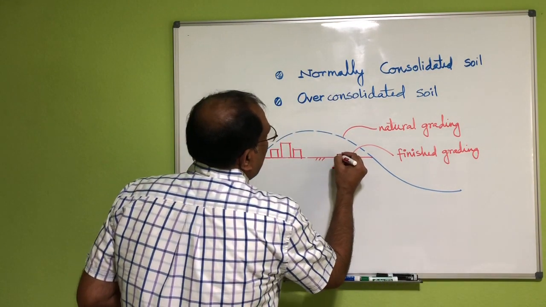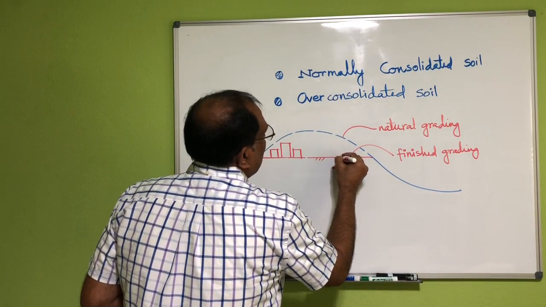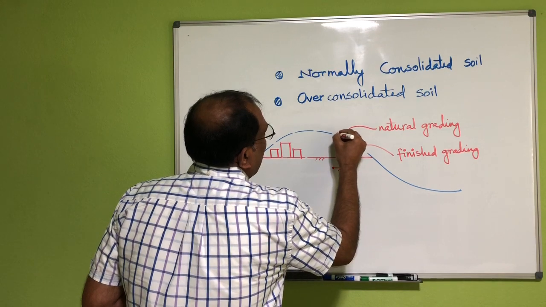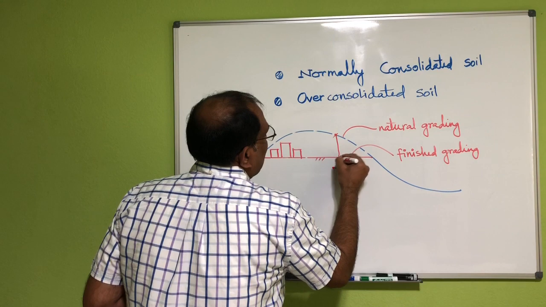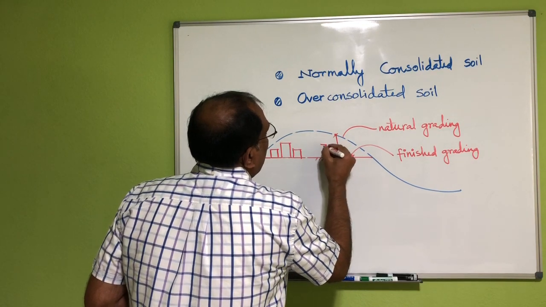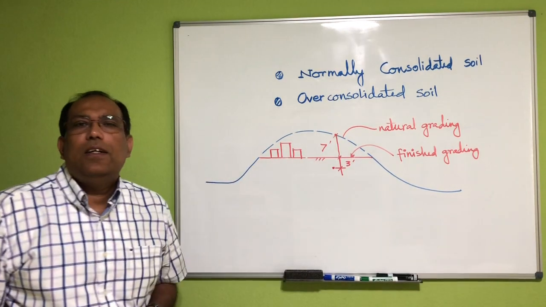Now let's say the distance from here to here that has been cut maybe like 20 years back, let's say this distance is 7 feet here.